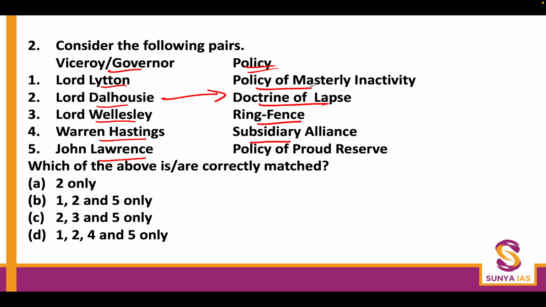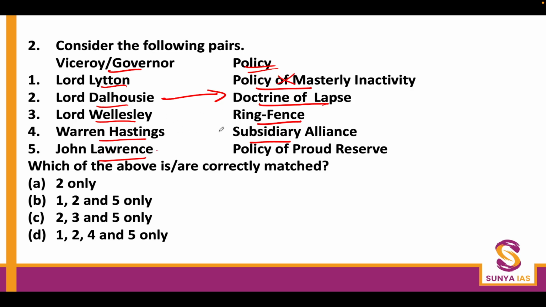Now, Lord Lytton, masterly inactivity. Even if you don't know whether Lytton implemented masterly inactivity or not, you should know that Lytton was hyperactive. He was the one who sent the forces into Afghanistan in 1878. So he is not going to implement masterly inactivity. Otherwise, one needs to know that masterly inactivity was the step taken by John Lawrence.